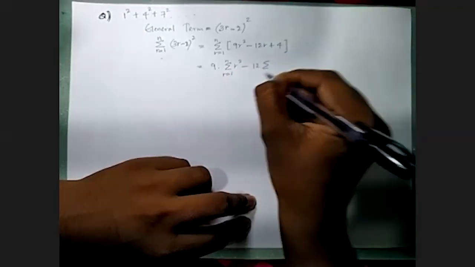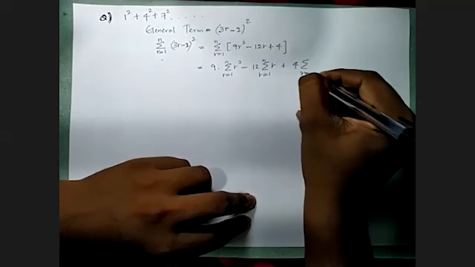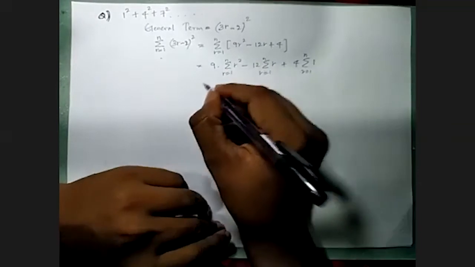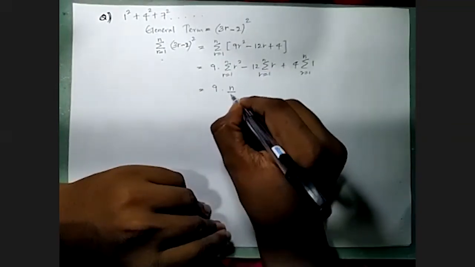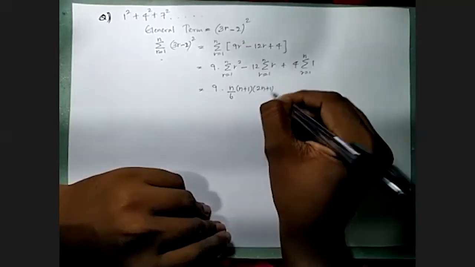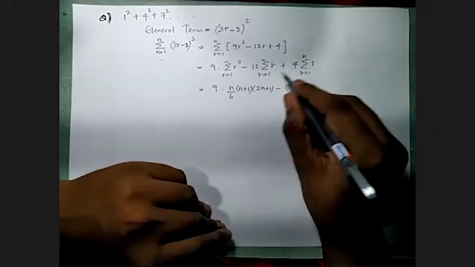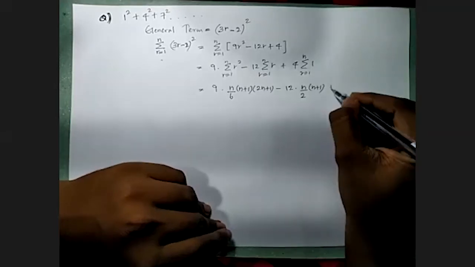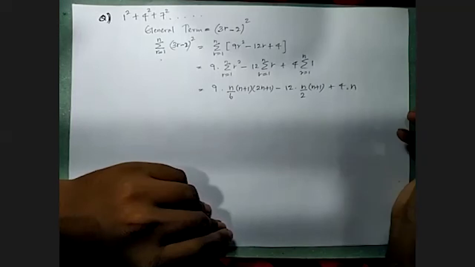Take 12 out, r. Take 4 out, it is just 1. Now you can apply the results. Sigma r square is n over 6, n plus 1, 2n plus 1. 12 into what is sigma r, n by 2, n plus 1. What is sigma 1? It is just n.